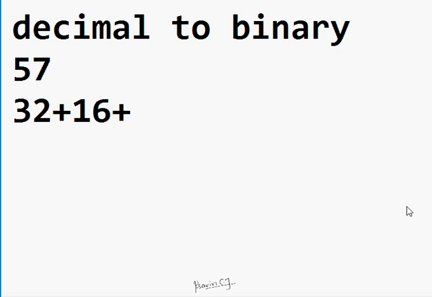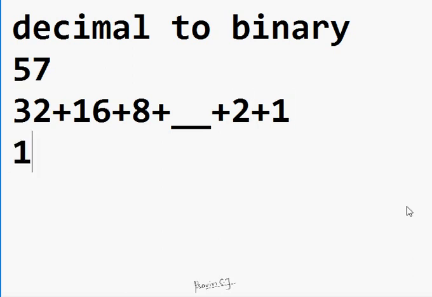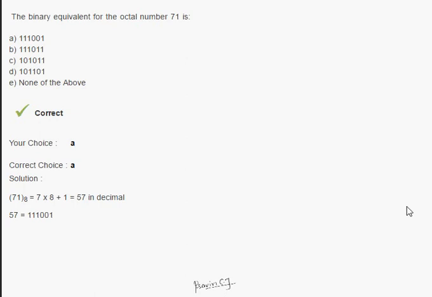Then after 48 we have 8, and 48 plus 8 becomes 54. Then we have to add only 3. 4 cannot be accommodated, so we skip it, I will put a dash here, and then we add 2, and then we add 1. So it simply means 1 1 1 0 1 1. That is the answer. Now we will check this answer, and it's correct.